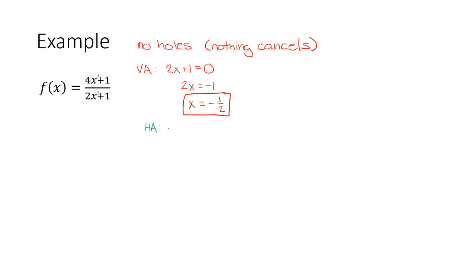So that means the degree of the numerator is equal to the degree of the denominator. And that means there's a horizontal asymptote at y equals 0.